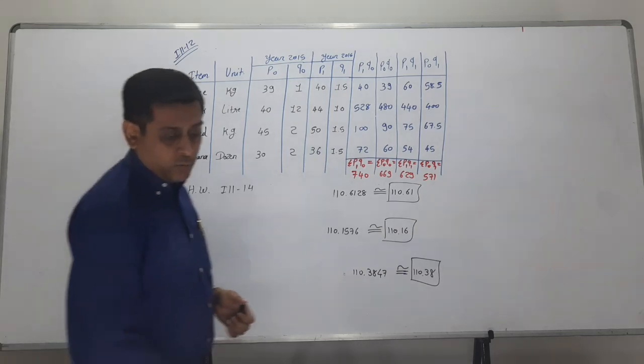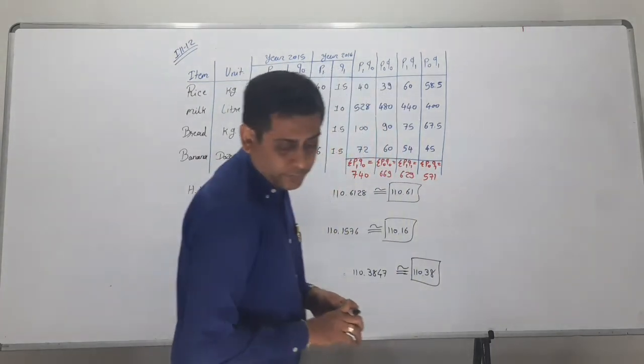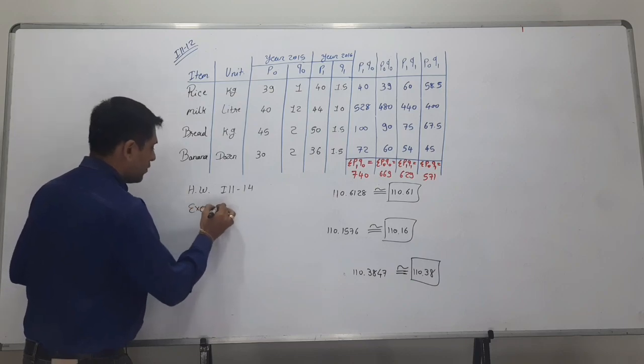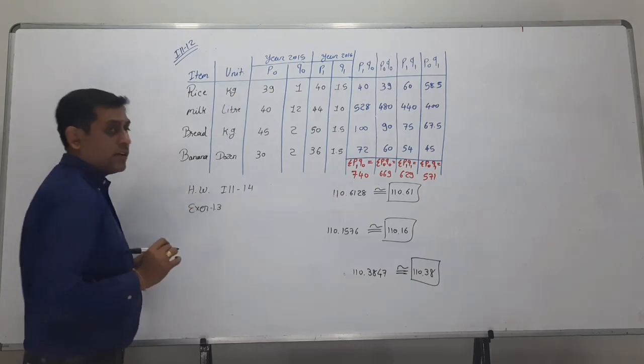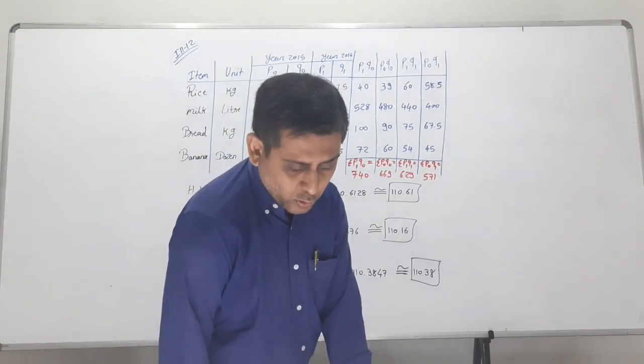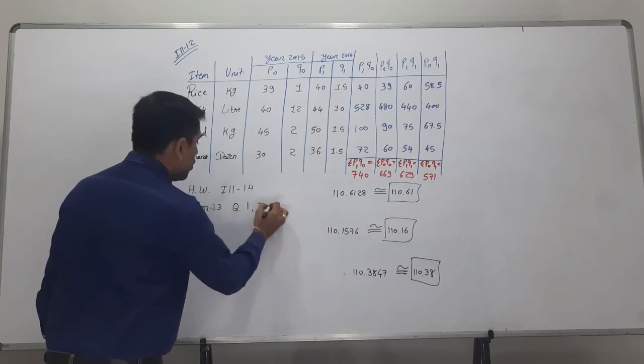Okay. Now, in the exercise book, you have to write exercise 1.3. From exercise 1.3, you have to calculate questions number 1, 2 and 3.